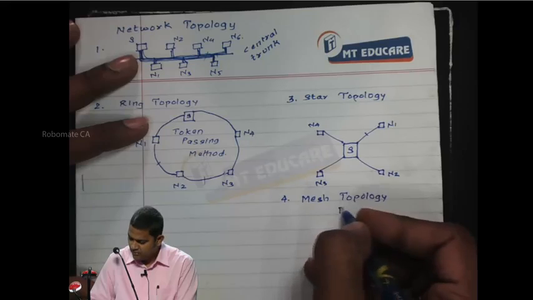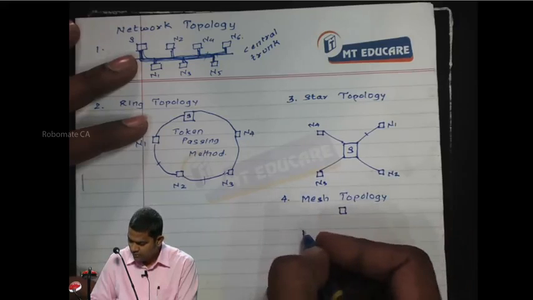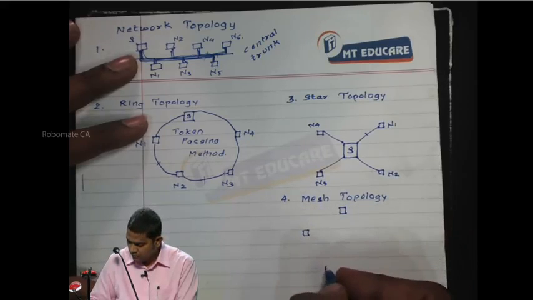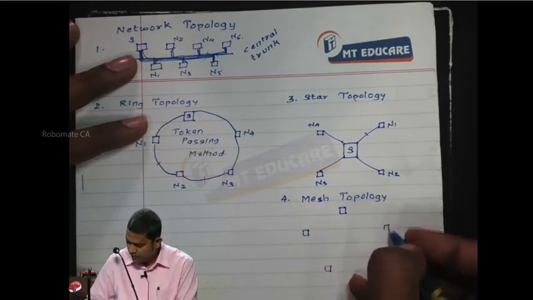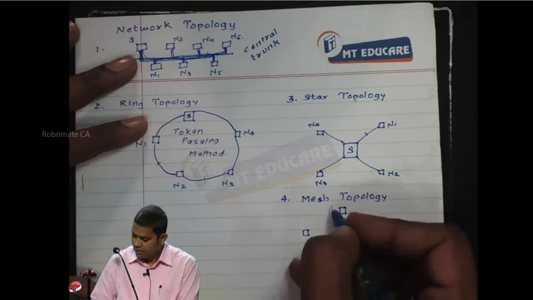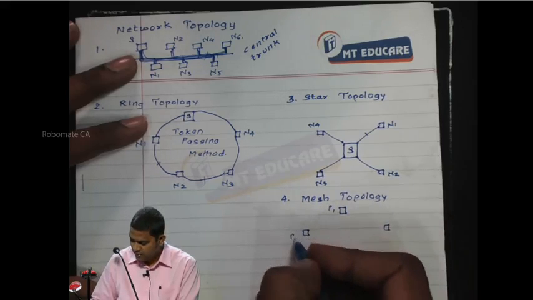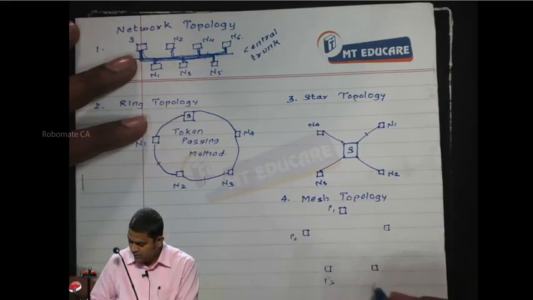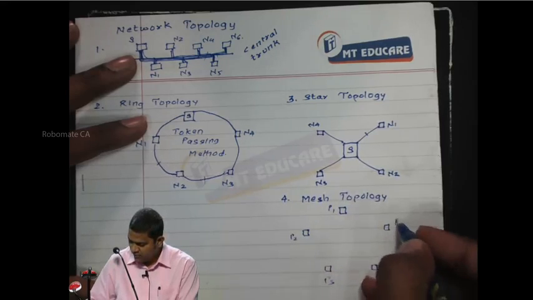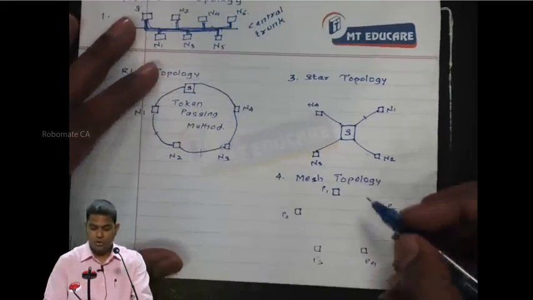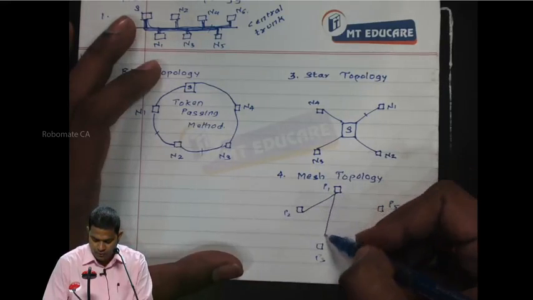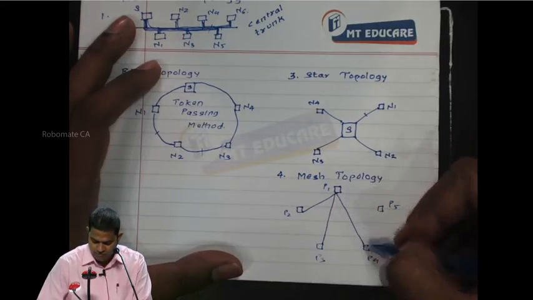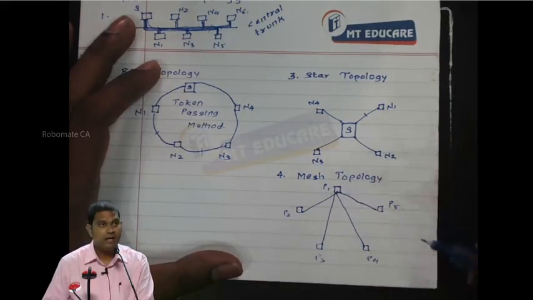We have one computer over here, one over here, one over here, one over here, and one over here. Let's call them P1, P2, P3, P4, and P5. So P1 will be connected to P2, P3, P4, P5.